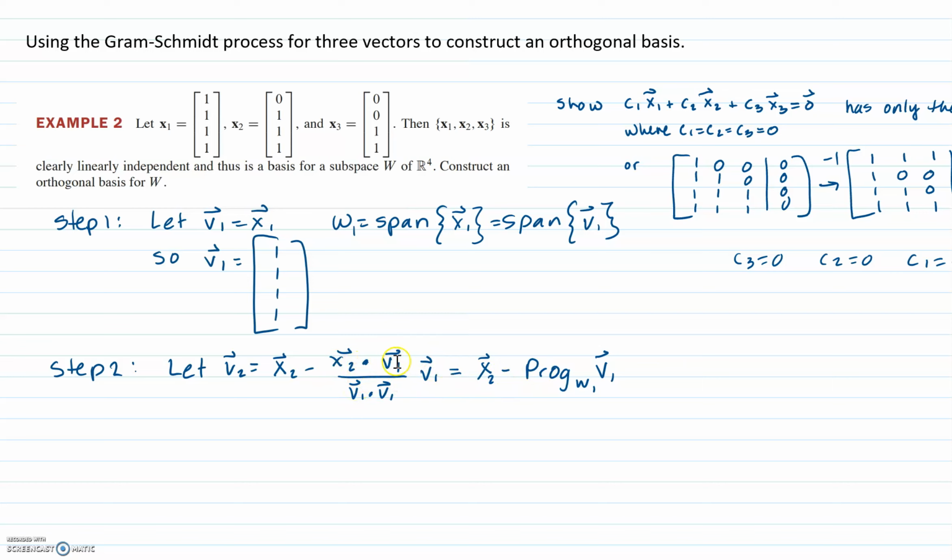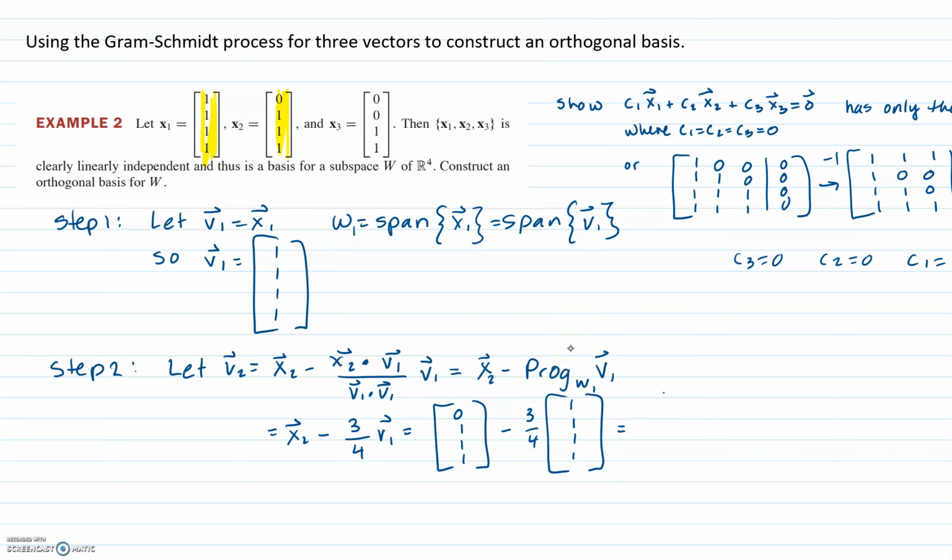So it's x2 dotted with v1, over v1 dotted with itself. x2 dotted with v1, which is just x1, we get 3, and v1 dotted with itself, which is the same as x1, is 4.